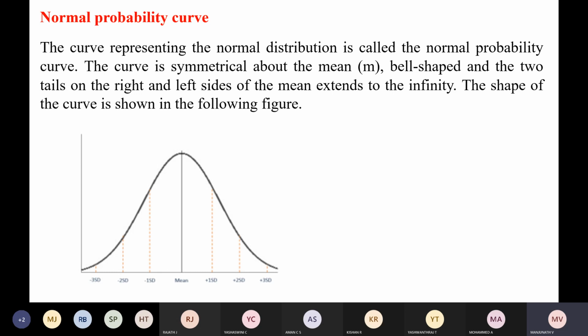Any value which is more than the mean falls under the right tail.